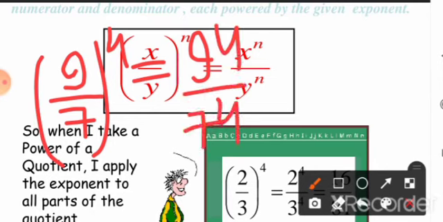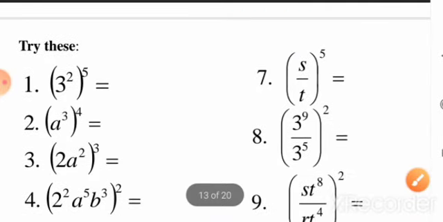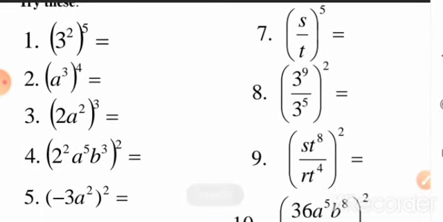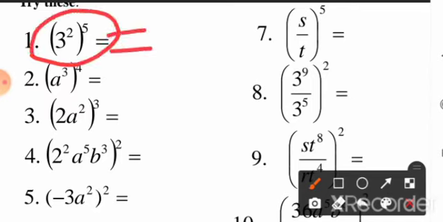Now I will discuss some questions related to these laws of exponent. So now try to solve this question. It's important for us to use this law of exponent. You can calculate easily one by one. So the first question is given here, (3 power 2) whole power 5. So how to calculate this question?